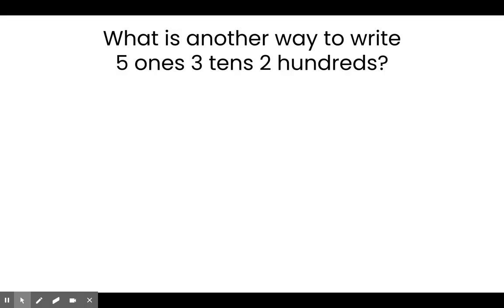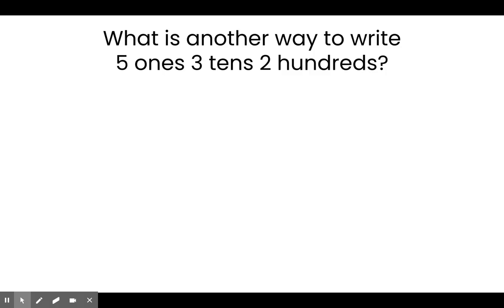Let's try another one. Erase your whiteboard. Here we go. What is another way to write 5 ones, 3 tens, and 2 hundreds? Don't be tricked by this question. 5 ones, 3 tens, 2 hundreds. Pay special attention to the order the units are listed in.